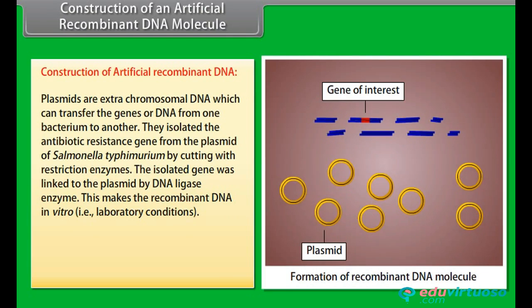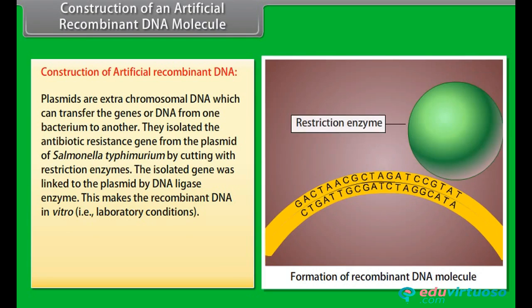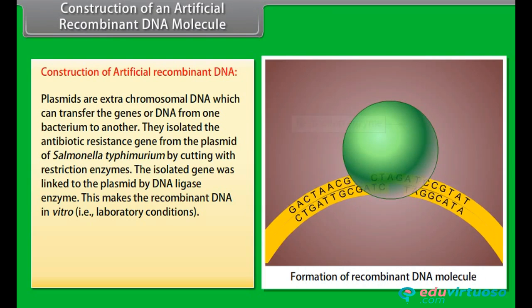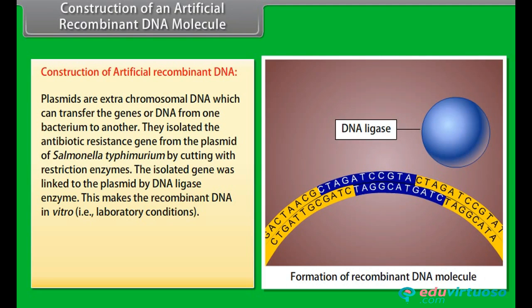Construction of artificial recombinant DNA. Plasmids are extrachromosomal DNA which can transfer genes or DNA from one bacterium to another. They isolated the antibiotic resistance gene from the plasmid of Salmonella typhimurium by cutting with restriction enzymes. The isolated gene was linked to the plasmid by DNA ligase enzyme.